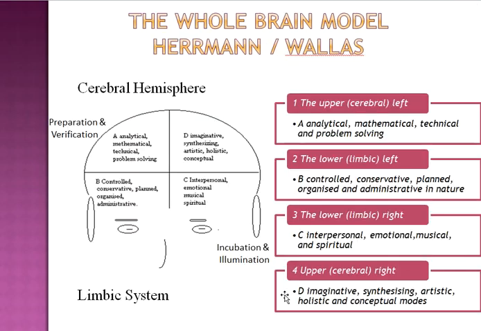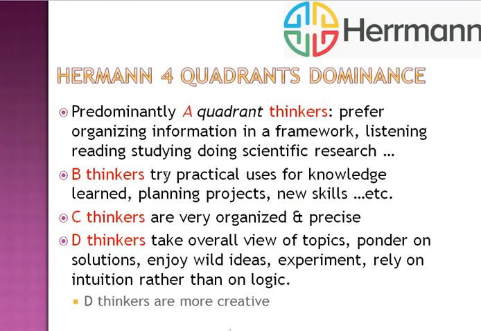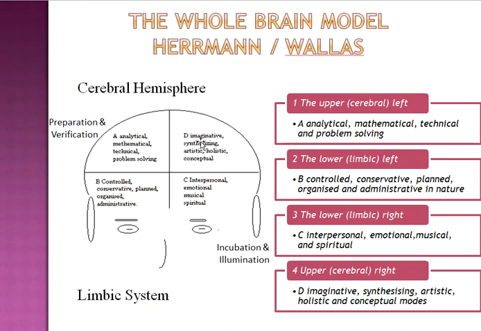Another slide gives more details about Herman. The 4 quadrants with letters A, B, D, C, like this. This is the upper left, lower left, upper right and lower right. The upper is cerebral, right and left, and so on, the same as we introduced in the previous slide.